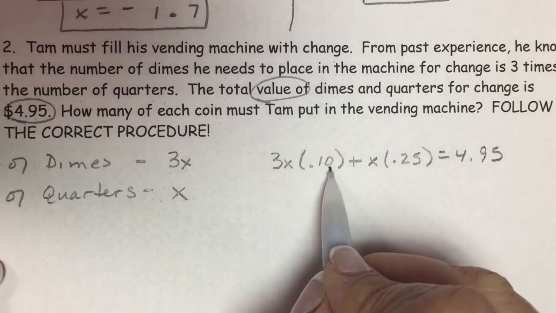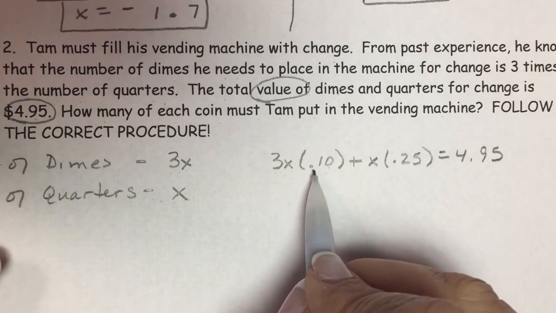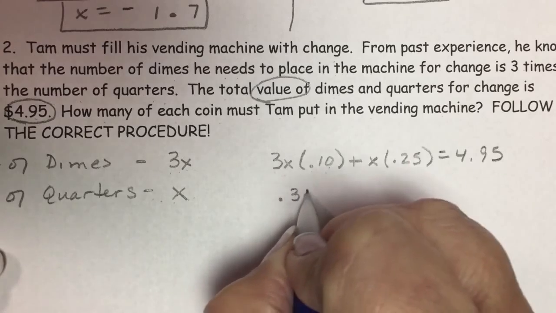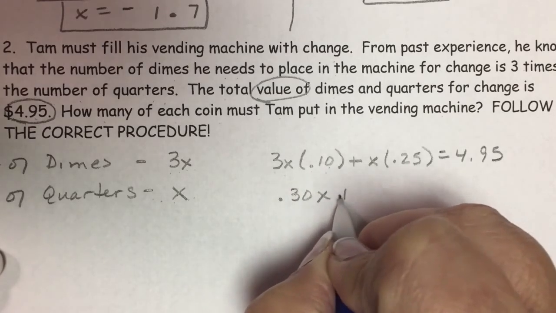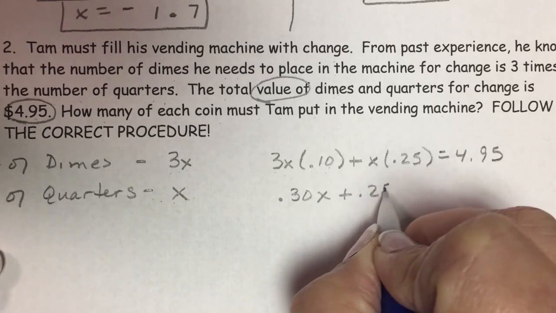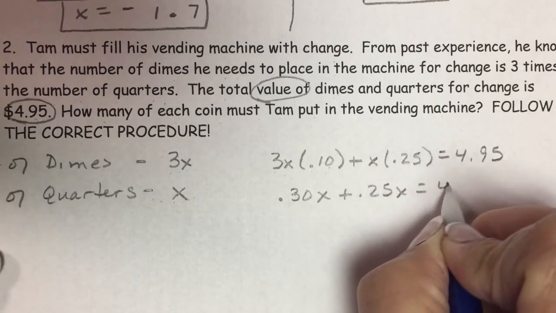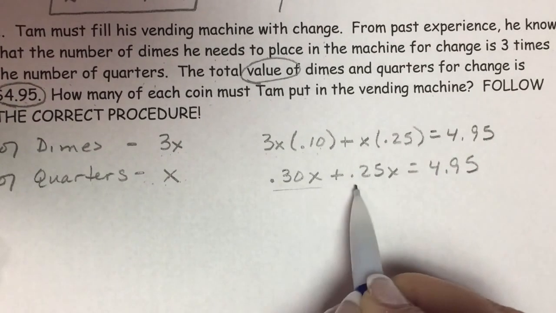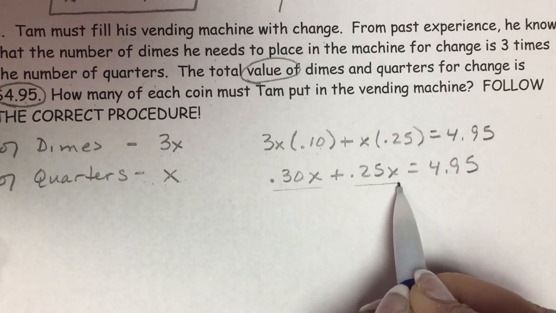Okay, so now let's multiply these. Well, what's 3 times 0.10? Well, that's just like having 3 dimes. So that's 0.30x plus, I'm just going to flip these around, 0.25x is equal to 4.95. What's the deal there?